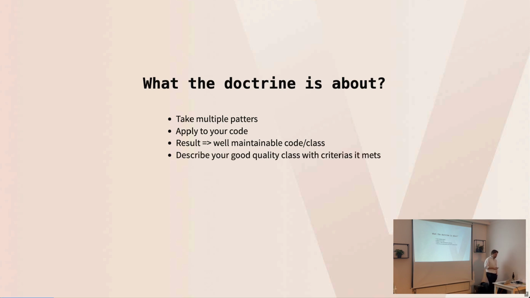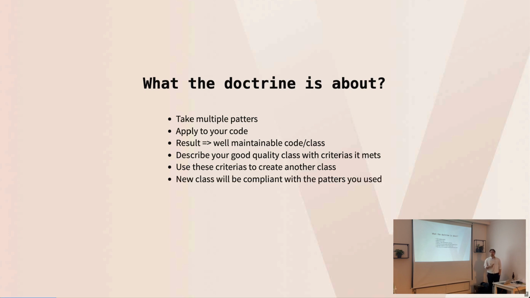Then you will try to describe this class with some criteria, and afterwards you will use these criteria to create another class. And as a result, the new class will be compliant with all the patterns you used previously. This is the main idea behind this doctrine, at least how I see it.